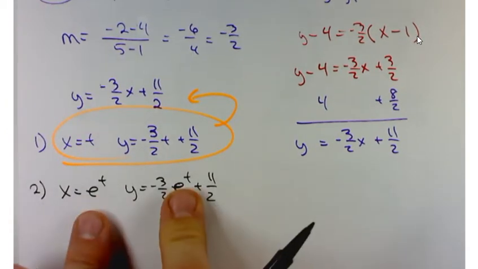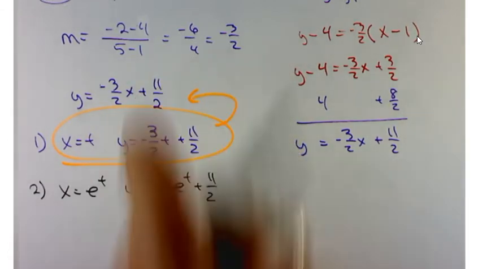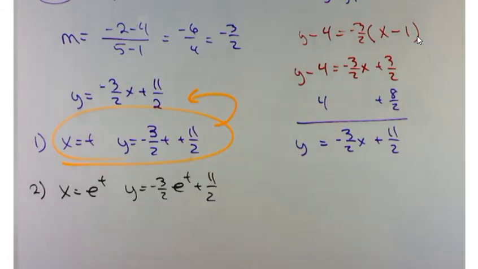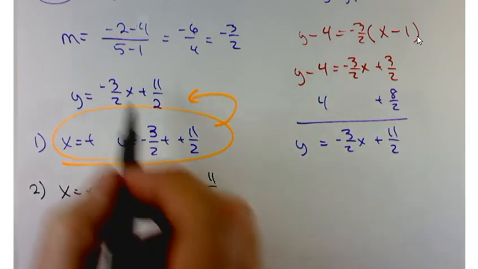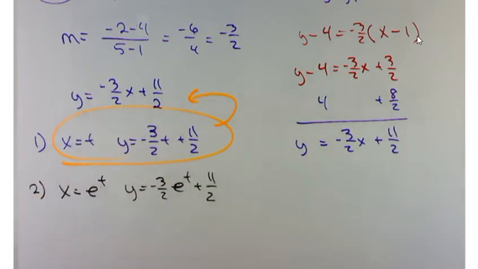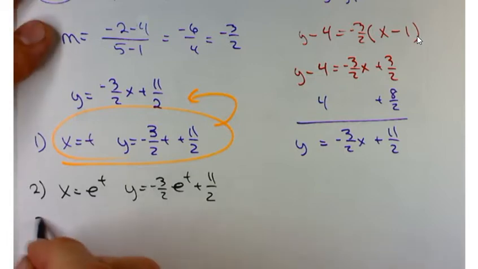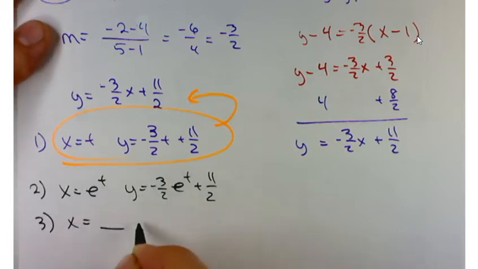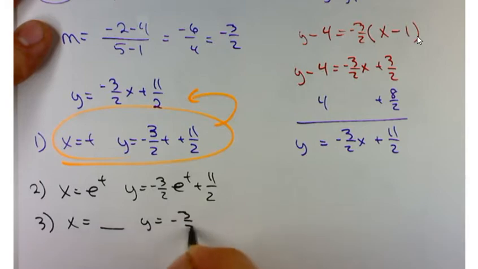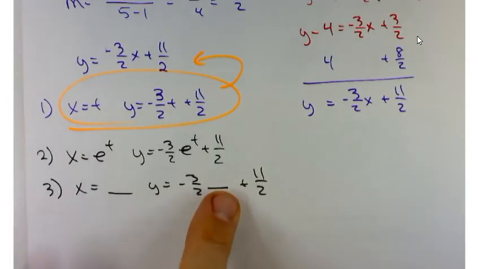If you take the time to eliminate the parameter, then you'll get the exact same rectangular equation here. And the sky's the limit. Whatever you want to drop in for x, just plug that expression in for x, and you get an expression for y. So x equals blank, then y equals -3/2 blank plus 11/2. So just fill in the blank there. That one works out particularly easy.